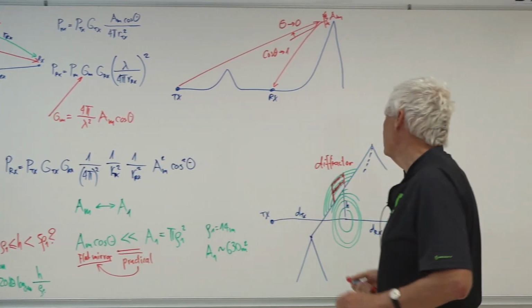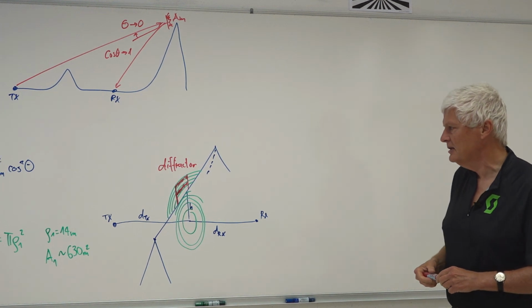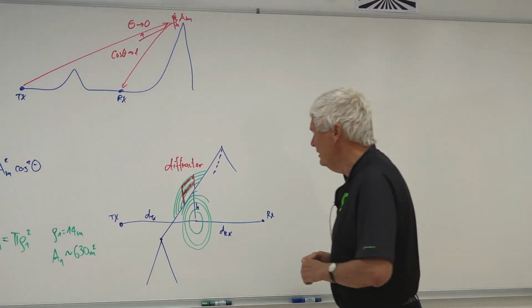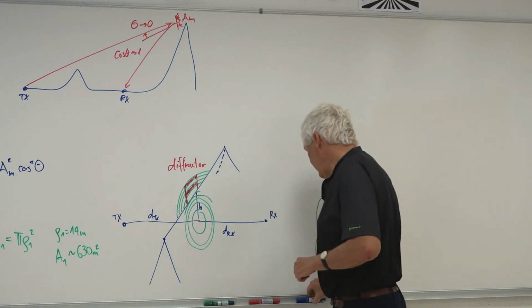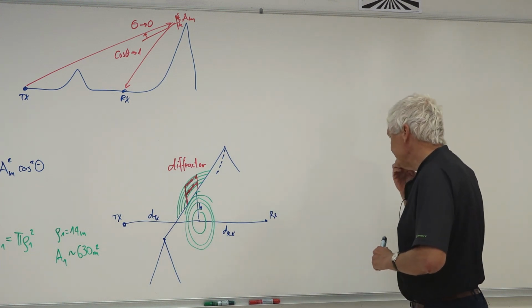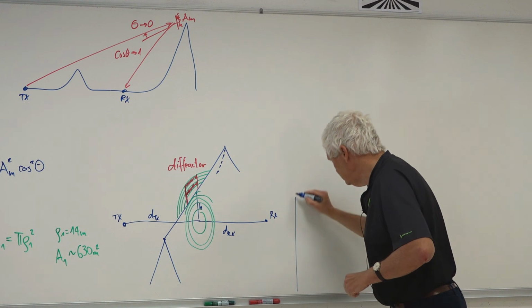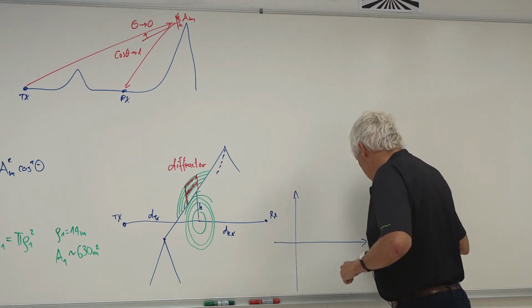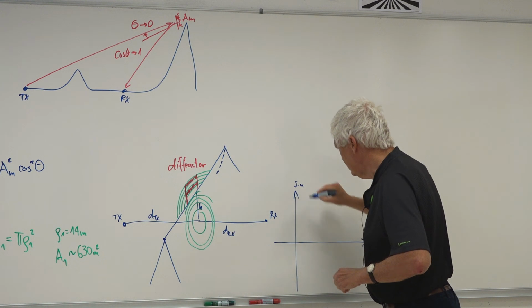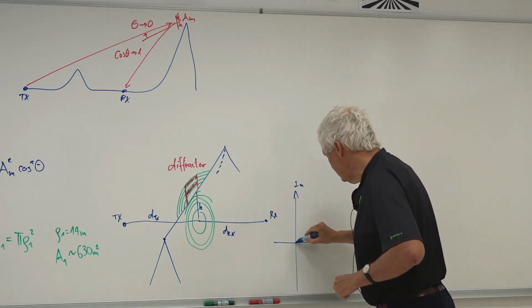Again, a diffractor, we want it small. We don't want any large structure here. What we do with the diffractor, if we look at the phasor sum, real and imaginary axis, you remember that the sum was going along a spiral.